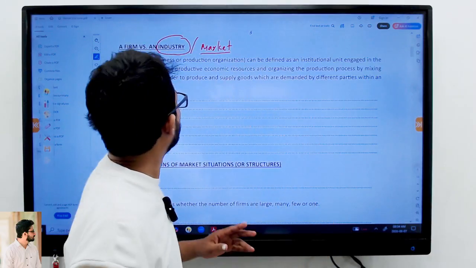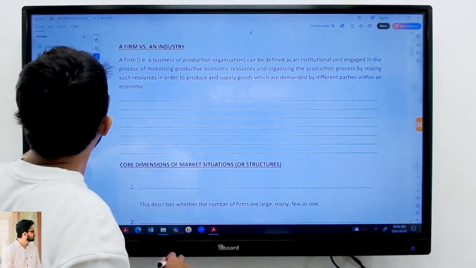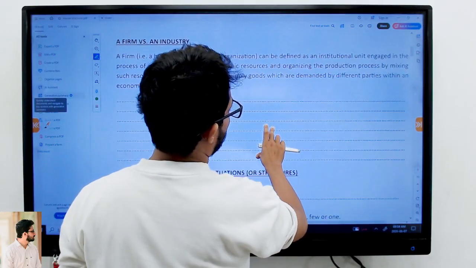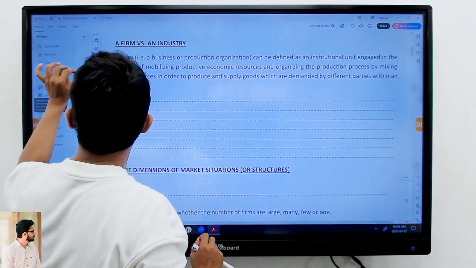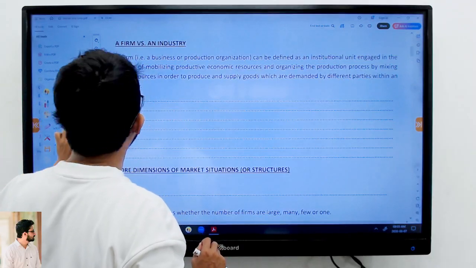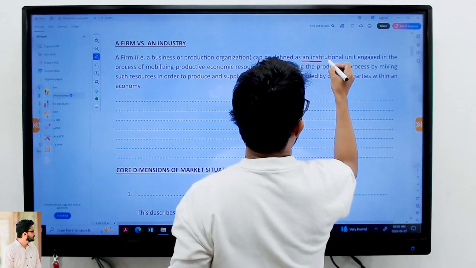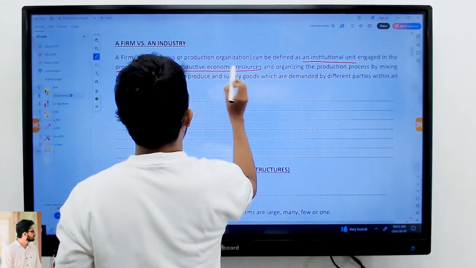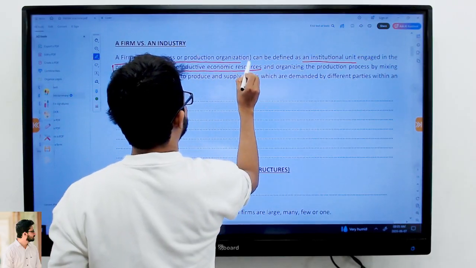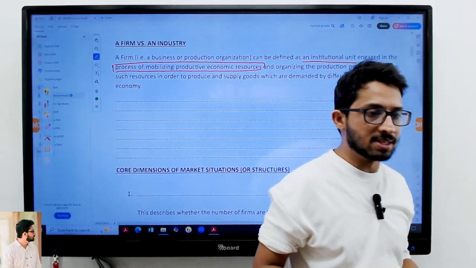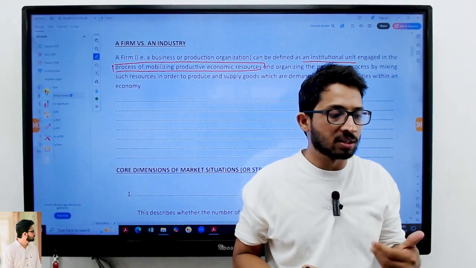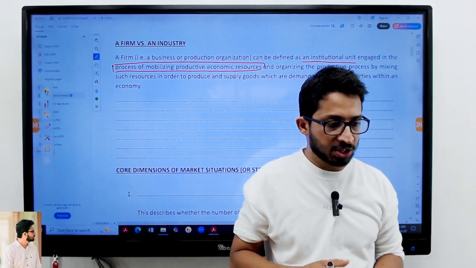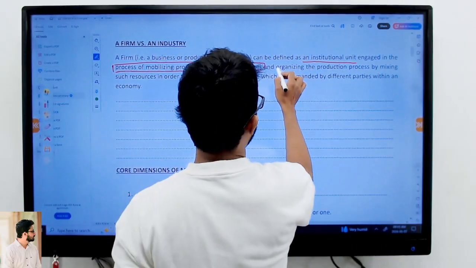So you can say a firm can be defined as an institutional unit engaged in the process of mobilizing productive economic resources, moving factors of production from one place to another, and organizing the production process.